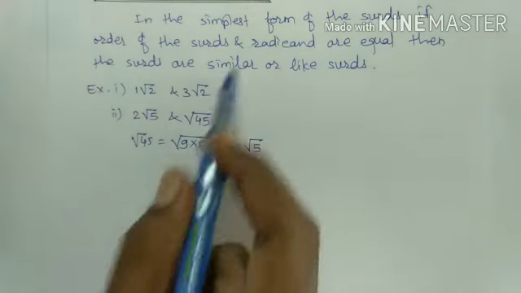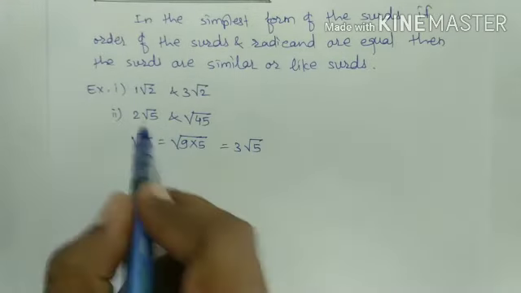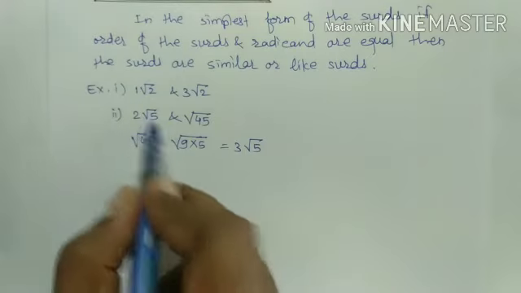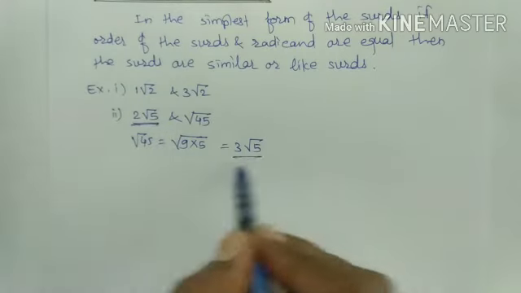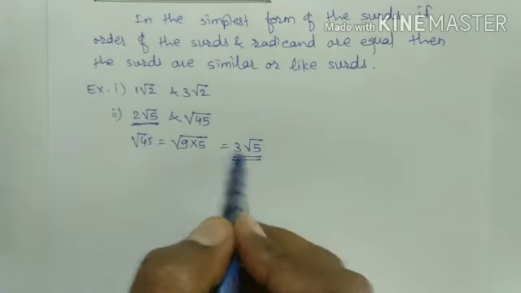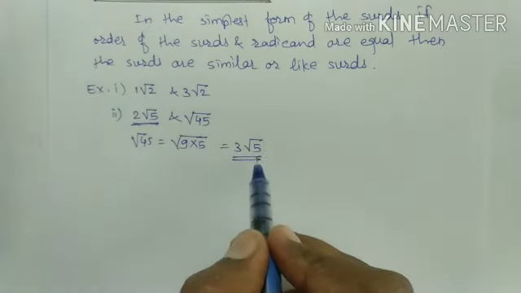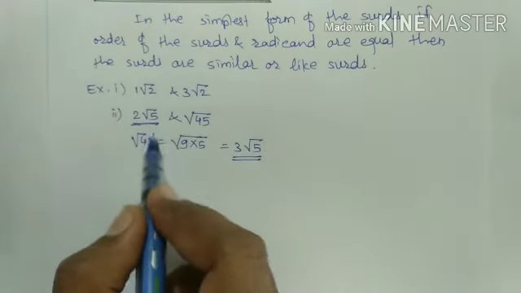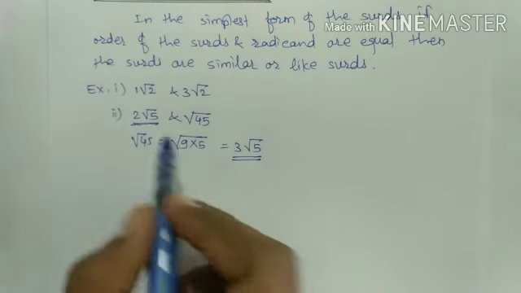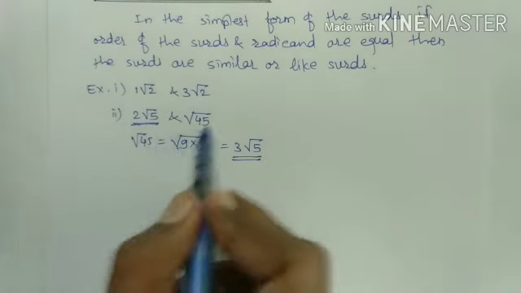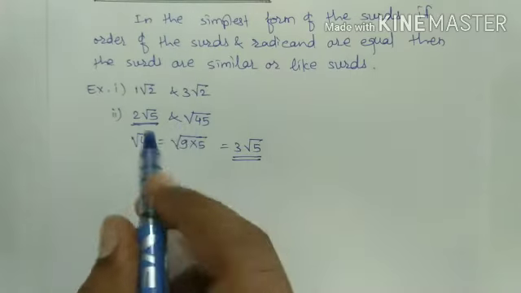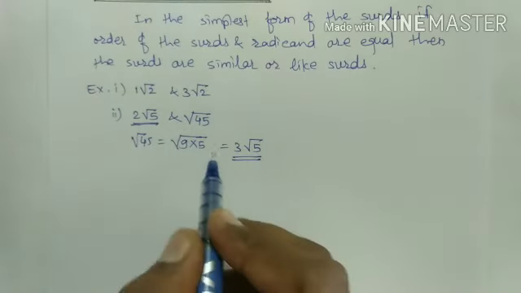Now in the simplest form of the surds, here the order of the surd is 2 and the radicand is 5. It means the order of the surds is the same and also the radicand is the same. That's why these two surds are called similar surds or like surds.